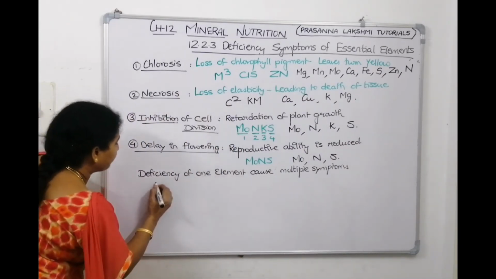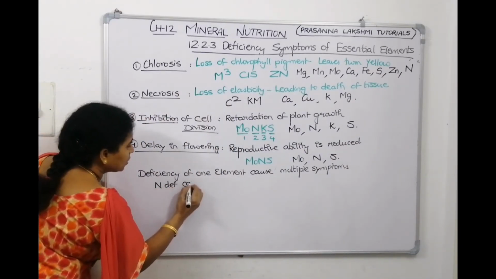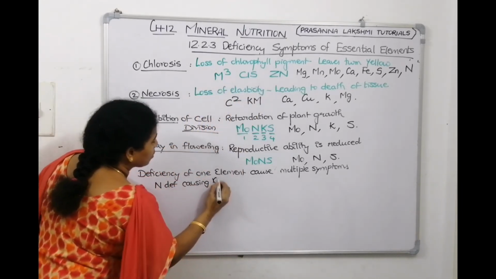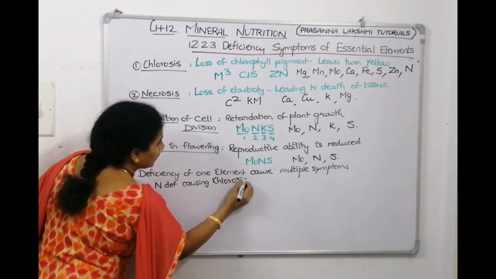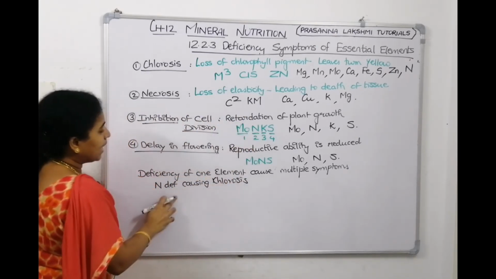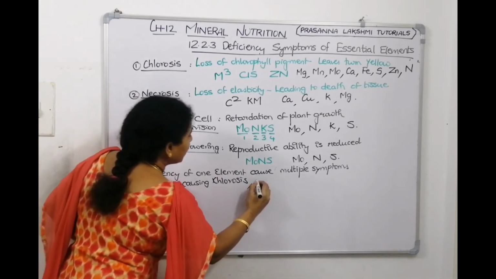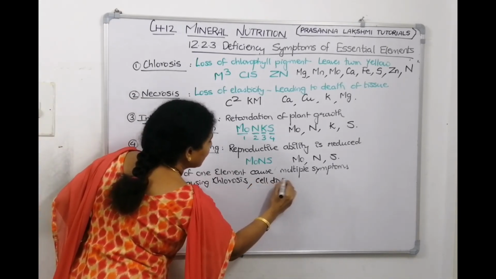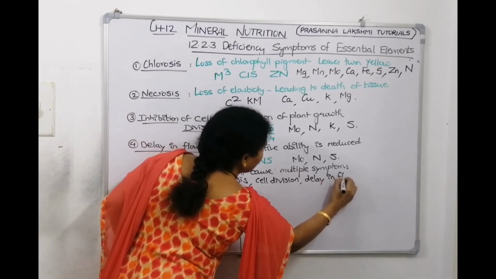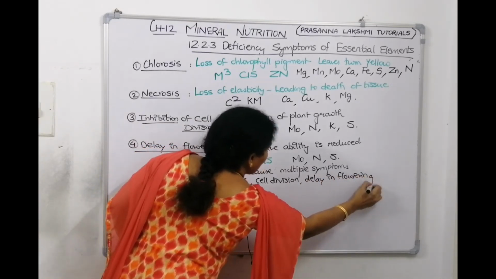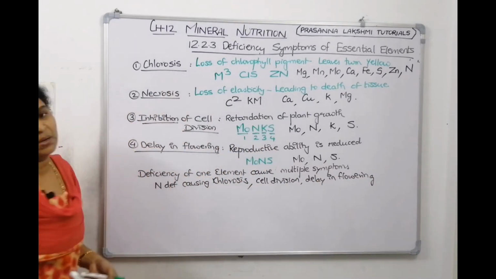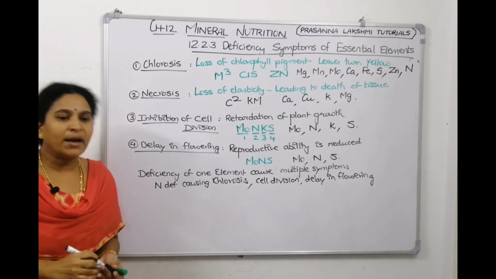Let us take an example. Nitrogen deficiency causes chlorosis; in necrosis, N is not there, but in inhibition of cell division, N is there. Nitrogen deficiency causes chlorosis, inhibition of cell division, and delay in flowering. Children, understood? One element's deficiency can cause more than one symptom.